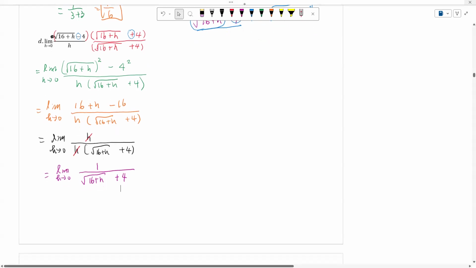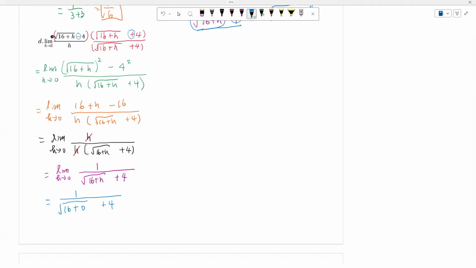Then now, direct substitutions: 1 over square root of 16 plus 0 plus 4. So my answer will be 1/8.